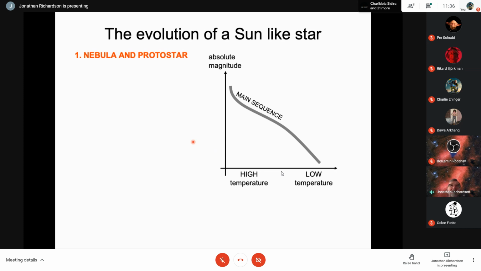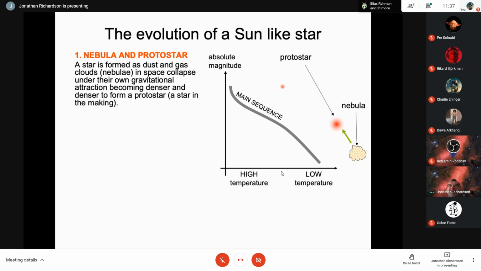Now, we talked about how stars form. So small life cycle, what happens? I'm not going through the processes that take place, but just want to show this process on the Hertzsprung-Russell diagram.